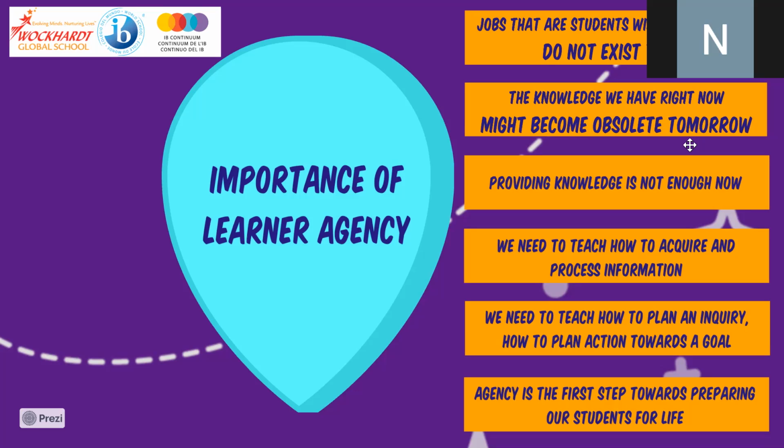So agency, as we see here, is the first step, especially in a primary classroom. It's the first step towards preparing our students for life, giving them skills to deal with the problems that are going to come to them at a later stage of their life.